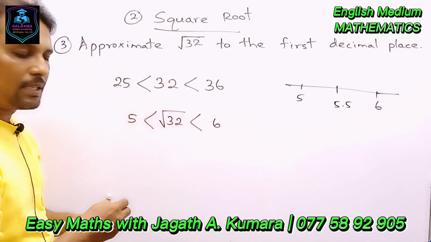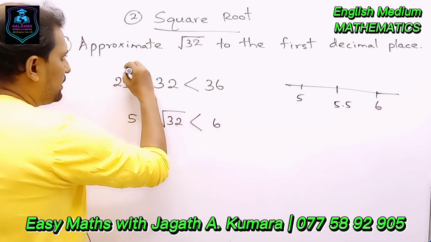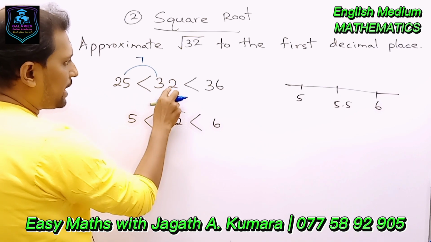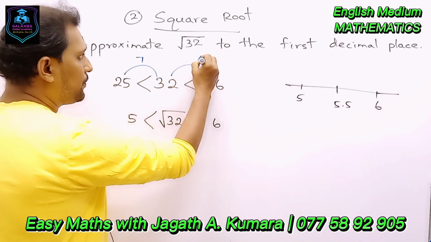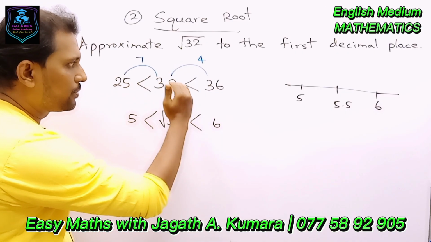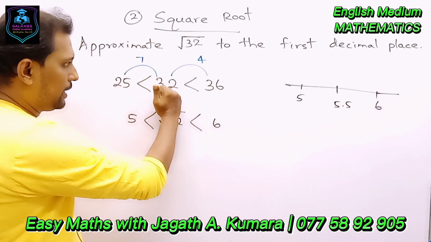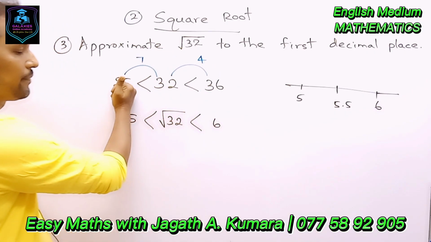Then also you can check the gap between 25 and 32. The gap is 7. And also you can check the gap between 32 and 36. It is 4. So 32 is closer to 36 than 25.